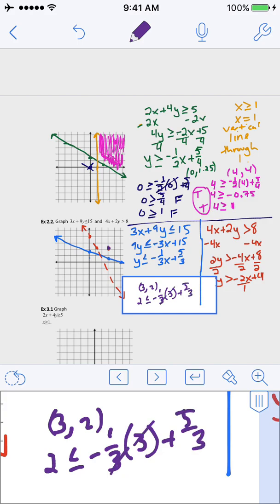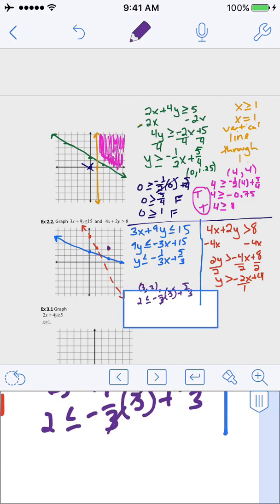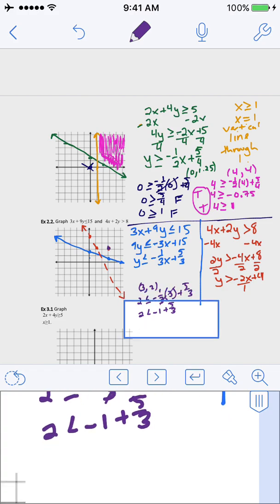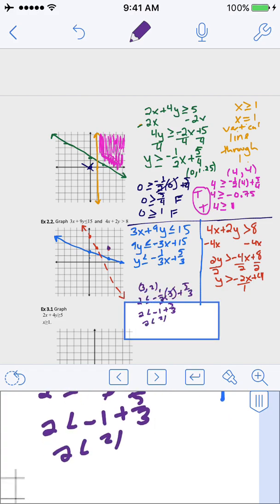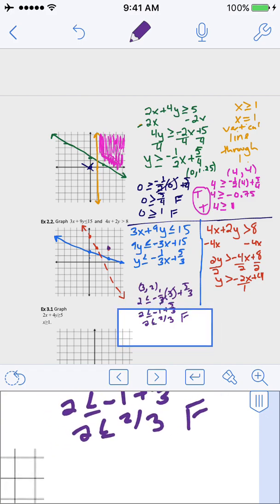The 3 and 3 cancel. So I'm left with 2 is less than negative 1 plus 5/3, or 2 is less than 2/3. Is that a true statement? No, that is not a true statement. That is a false statement, right? Oh, and I'm so sorry, this should have been or equal to. That's a false statement. Let's test the other one now.